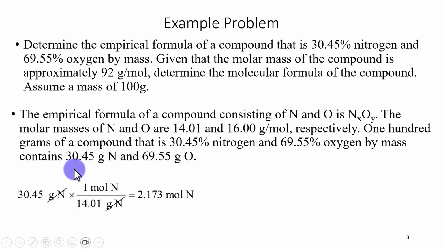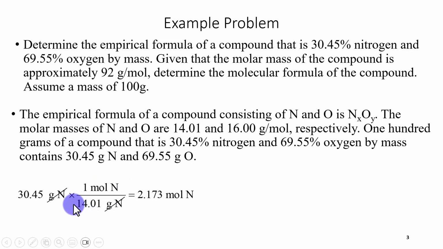I take the amount that I'm given, always start with the amount that you're given: 30.45 grams of nitrogen. I want to convert it to moles, so my moles will go on the top, and my mass of nitrogen from the periodic table will go to the bottom.